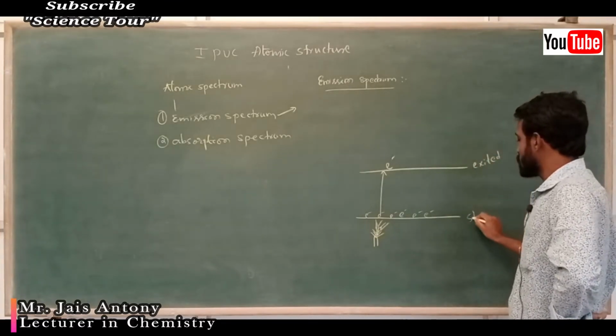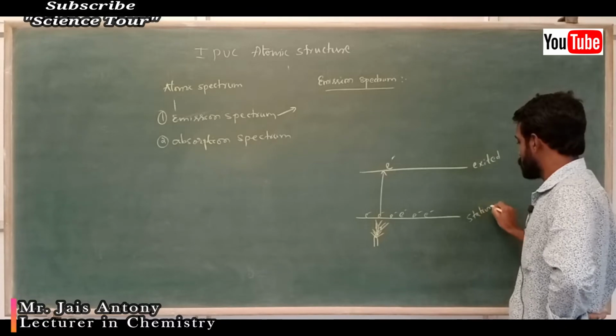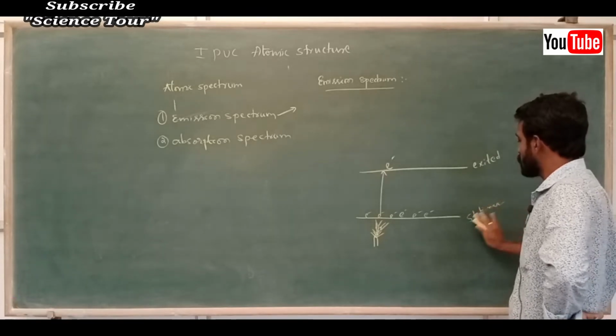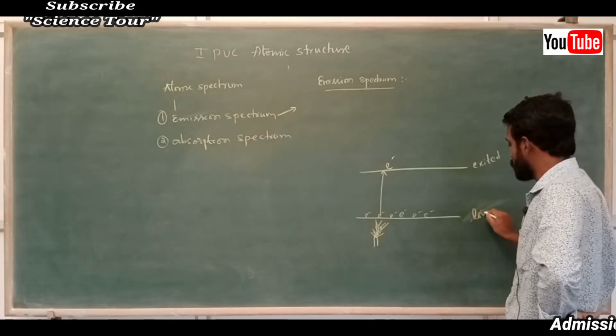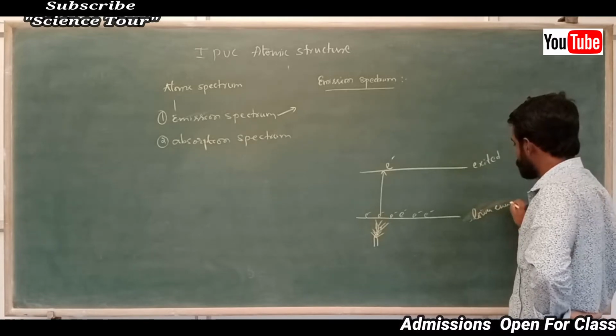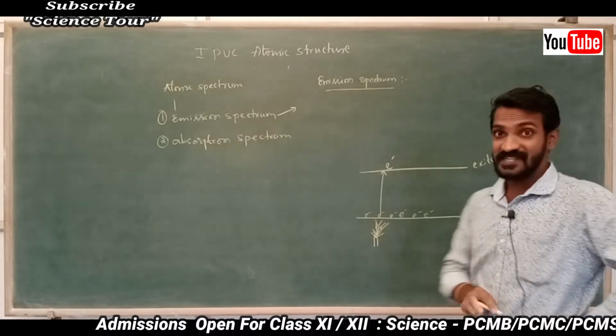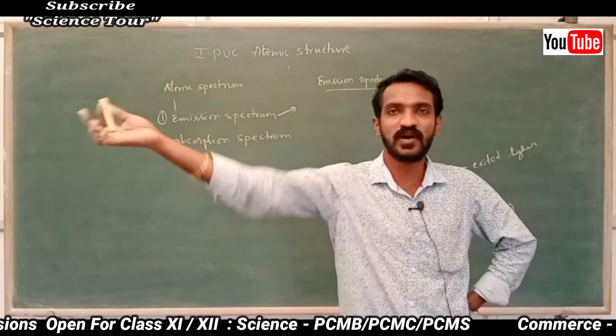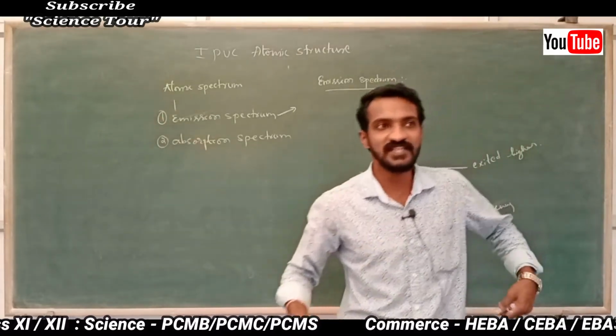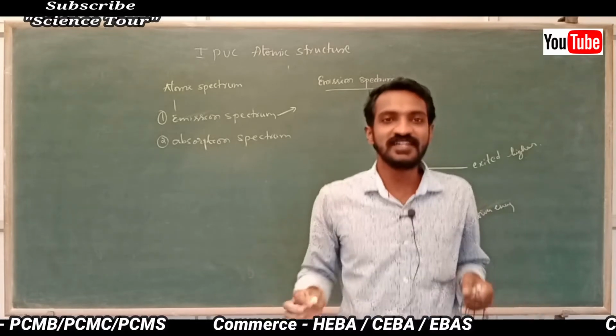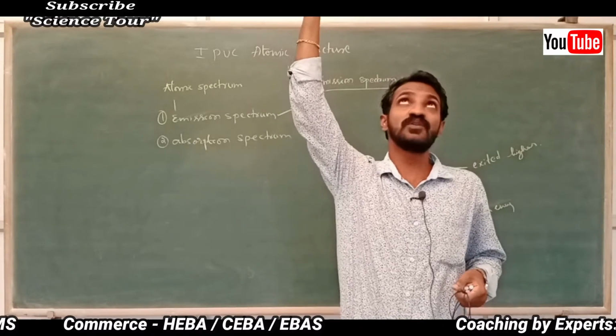This is the excited state, and this is the stationary state or lower energy level. This is higher energy. That means by absorbing heat energy, electrons of the hydrogen atom get excited and jump to a higher energy level.